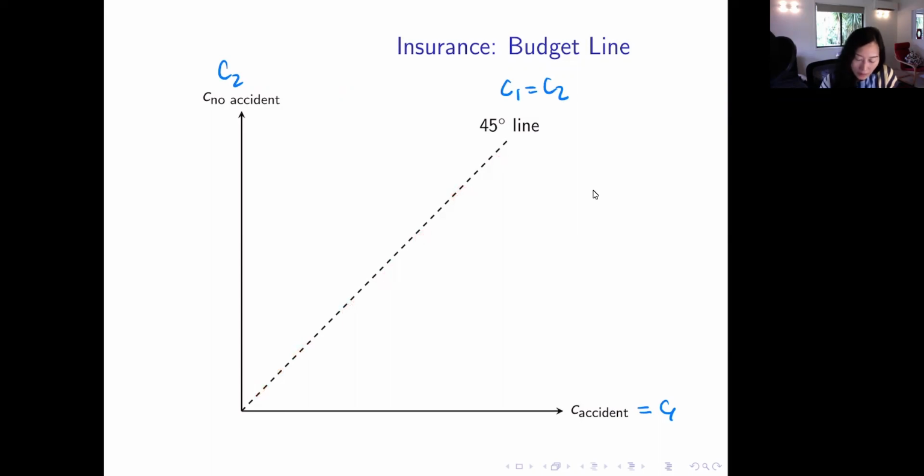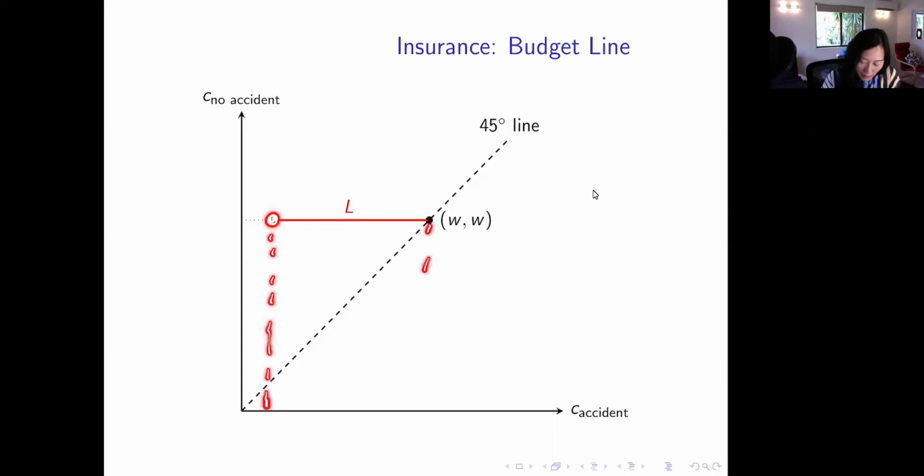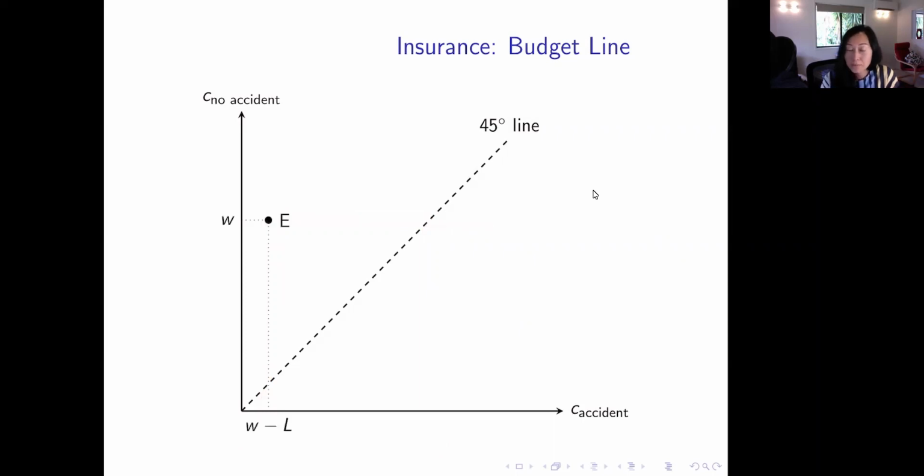If we start on the 45-degree line at W, and then move to the left by L dollars, at that point we have W less L dollars in state one, and W dollars in state two when there is no accident.